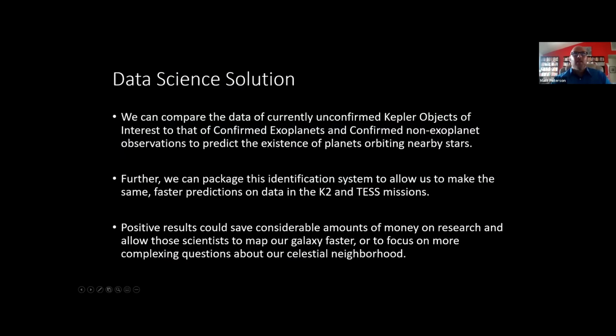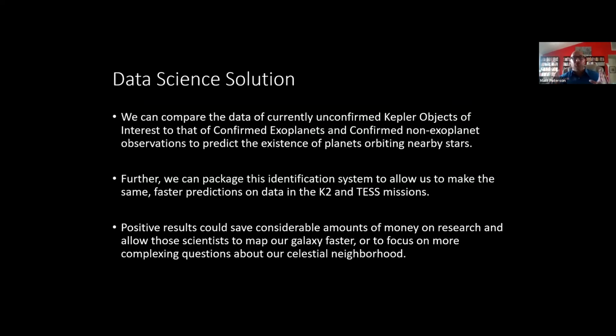So the data science solution to this data science problem is that we can compare the data of the currently confirmed and unconfirmed planets. I mentioned that there were 2,600, now there's more than that, confirmed exoplanet observations. There's also a number of confirmed to be not exoplanets.